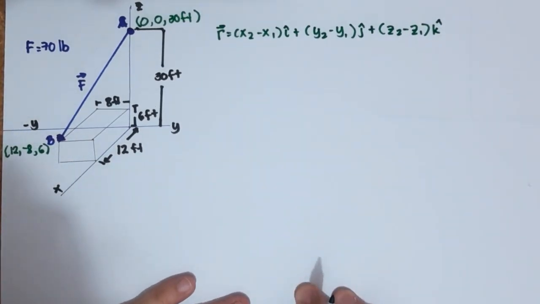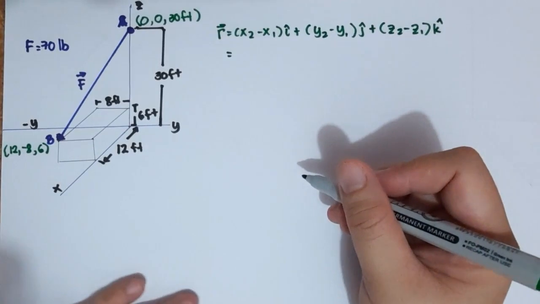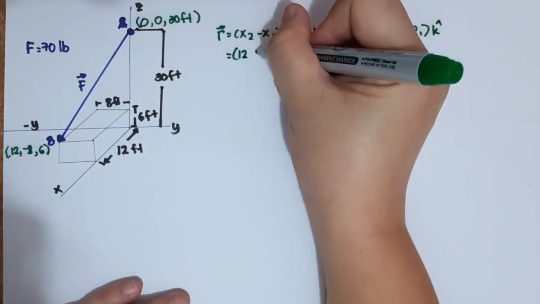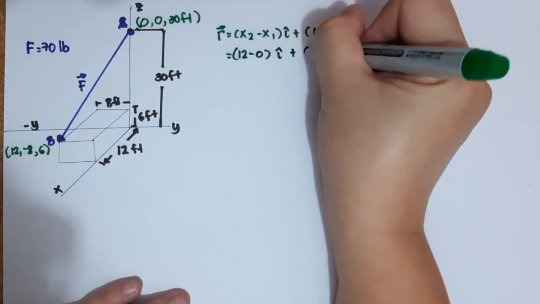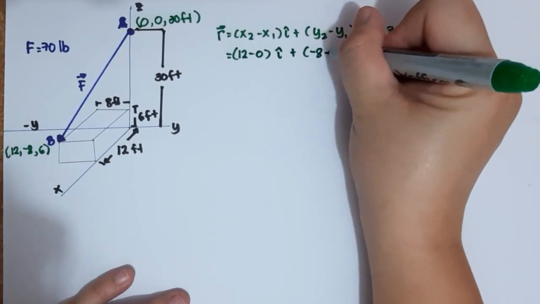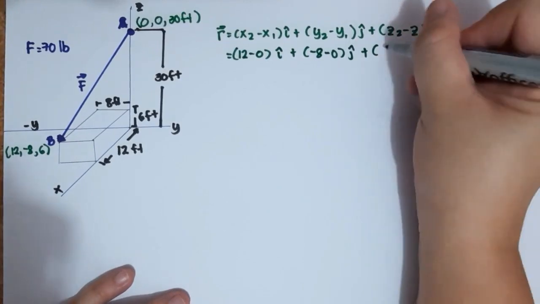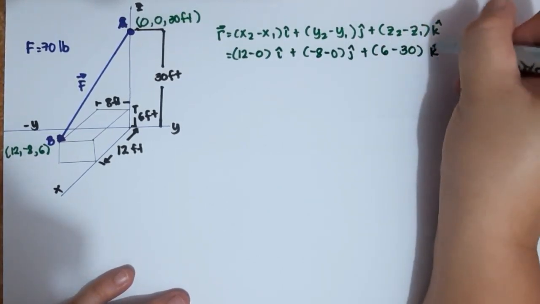So x2 is 12 minus 0 i hat, plus y2 is negative 8 minus 0 j hat, plus z2 is 6 minus 30 k hat.